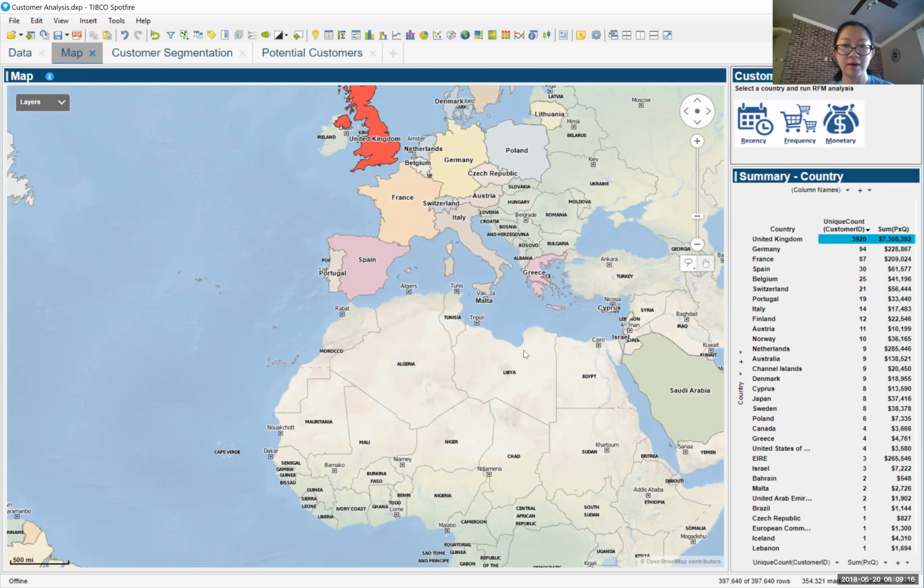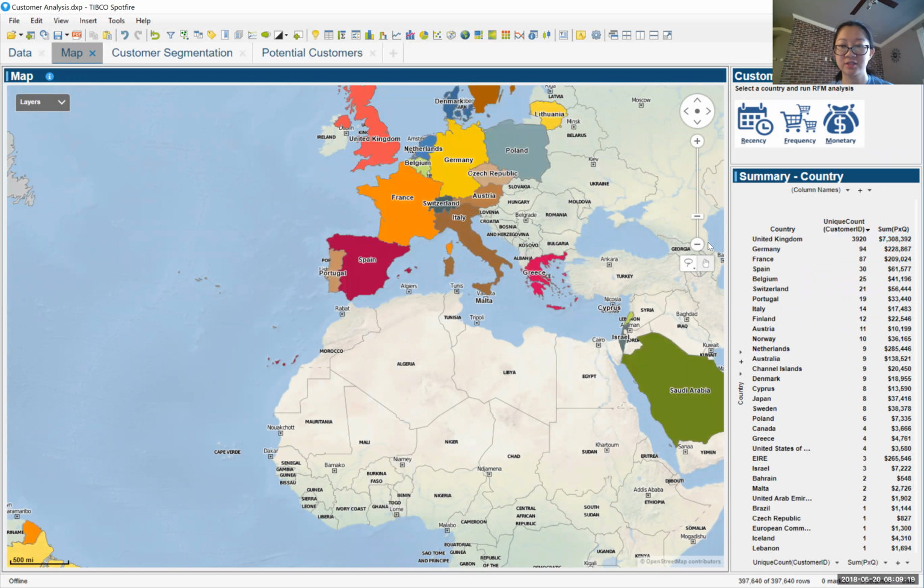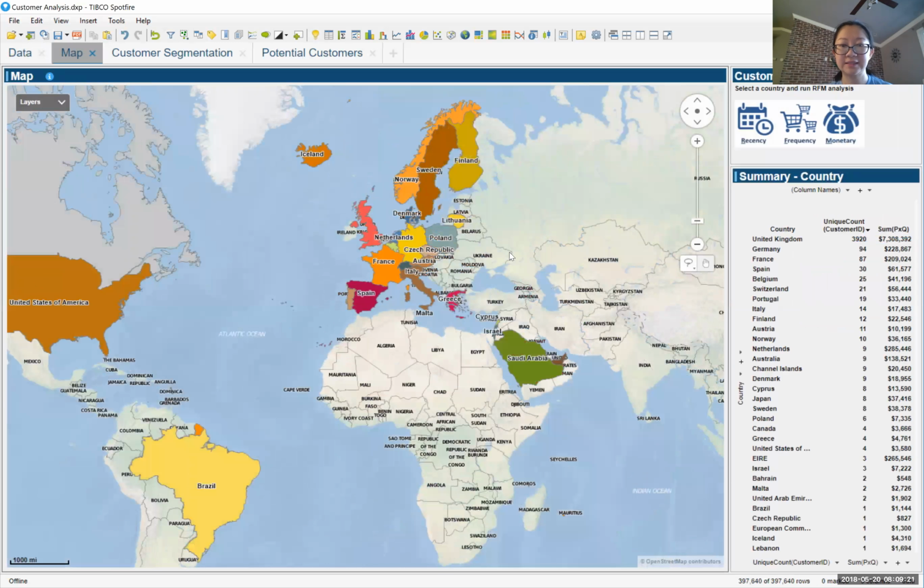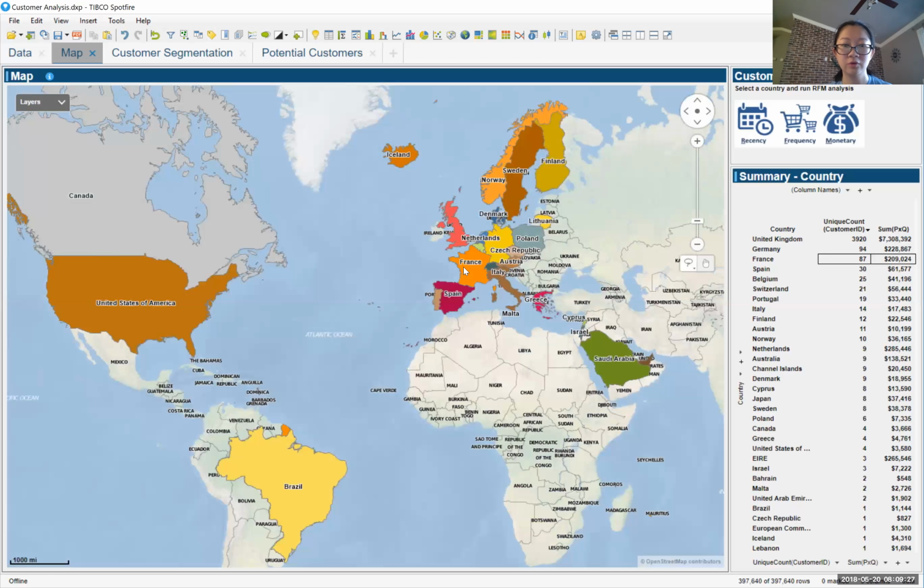Now I go to a map view of my transactions, looking at the customers globally, giving you a big overview of the business.